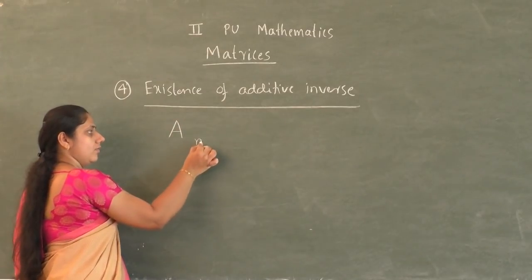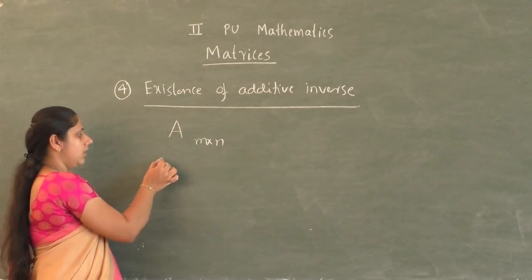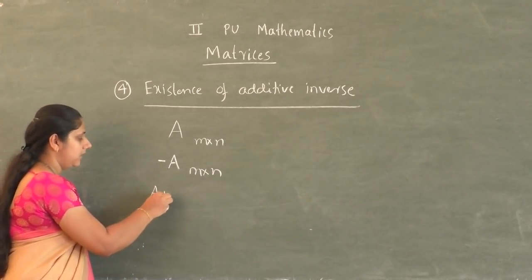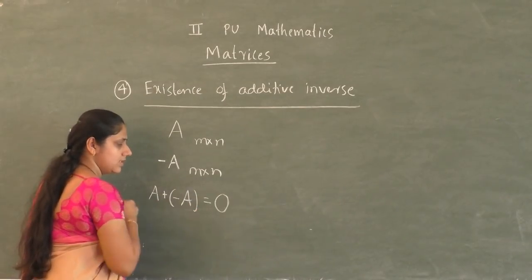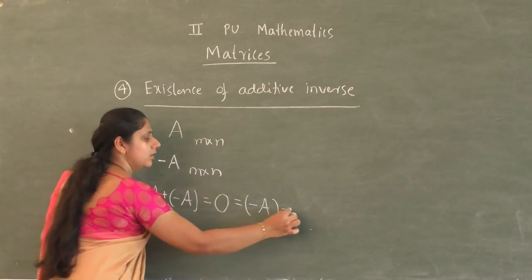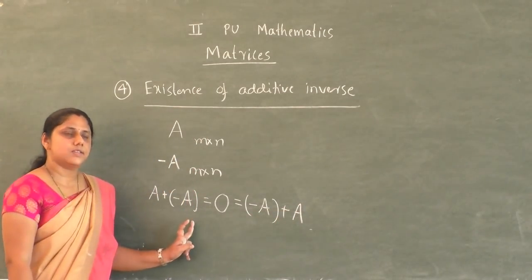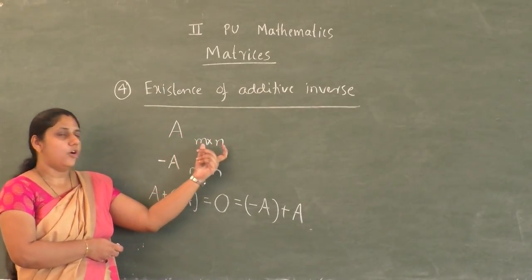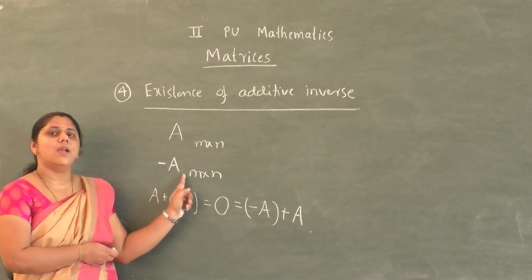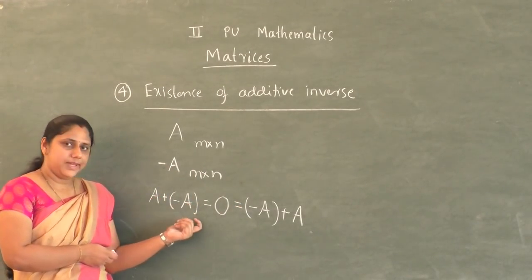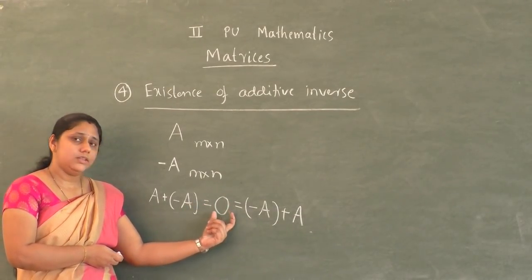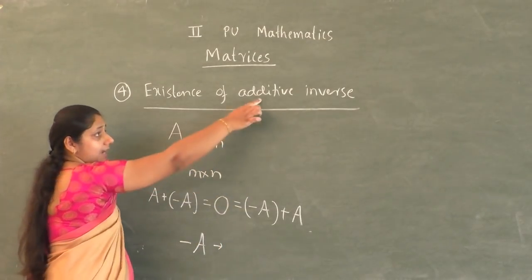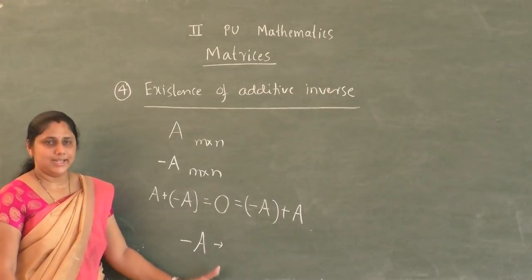For any matrix A of order m cross n, we have a matrix minus A of same order such that A plus (minus A) is equal to the 0 matrix, which is equal to minus A plus A, where this minus A is called the negative matrix of A or additive inverse of A. So for any matrix A of order m cross n, there exists a matrix minus A of same order with the condition A plus (minus A) equal to O, where O means the additive identity, which is equal to minus A plus A, and this minus A is called the additive inverse of A. So these are the properties of matrix addition.